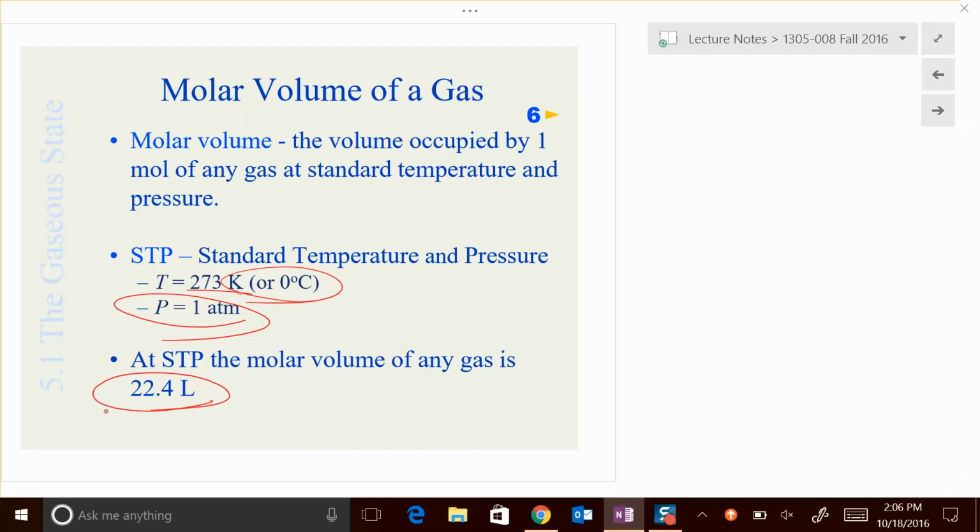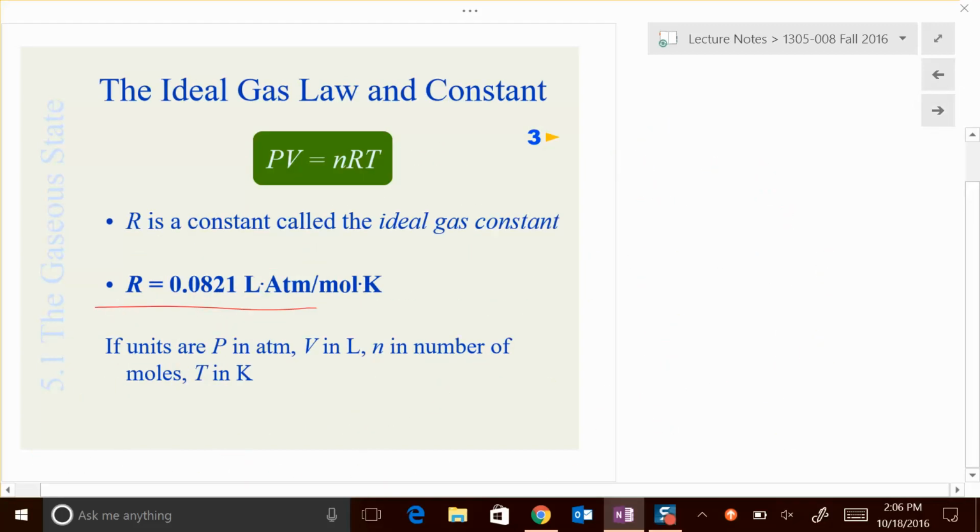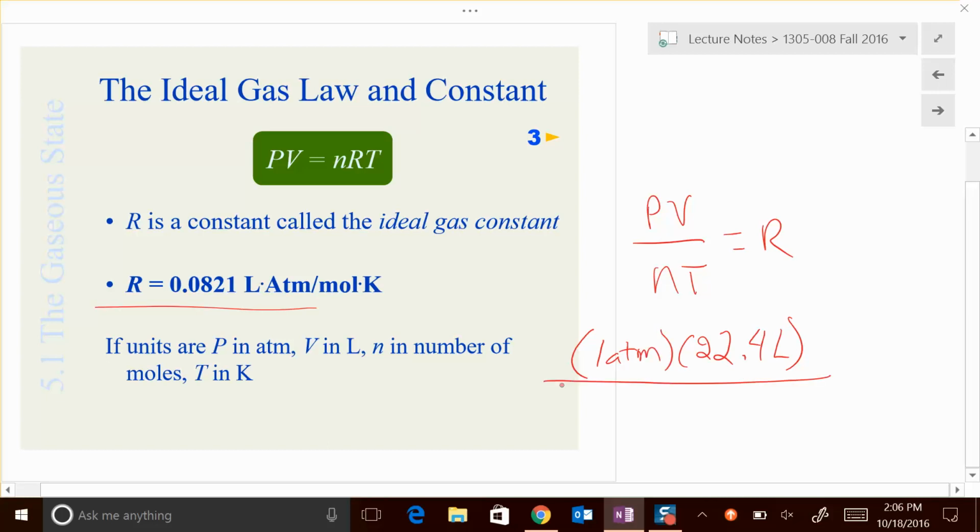So this has to do with the ideal gas law. So PV over NT equals R. So if the volume of a gas is 22.4 liters and the pressure is 1 atmosphere, the moles are 1 mole, and the temperature is 273 Kelvin because it's 0 degrees Celsius, then what should they equal?